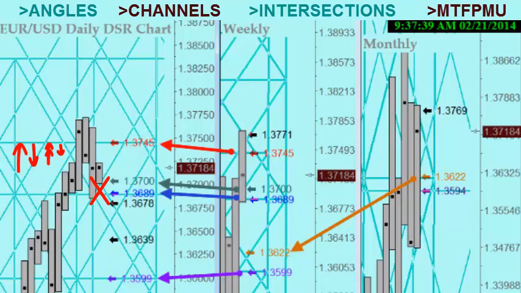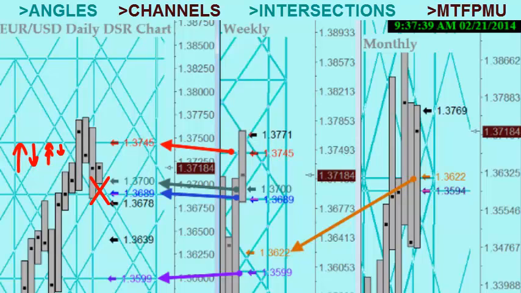ProChart traders can see price bouncing between the matching support and resistance levels of 1.3700 and 1.3745, and watching price approach and reverse from the multi-time frame price matchups, initiate and take profits in both directions. ProChart traders bypass the blind trade signals.